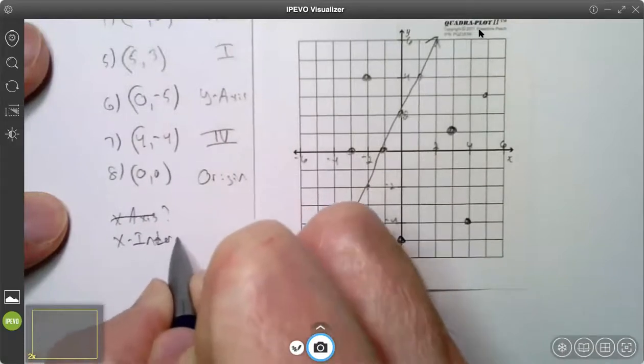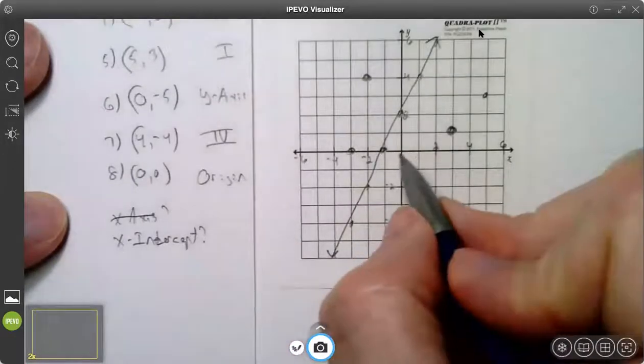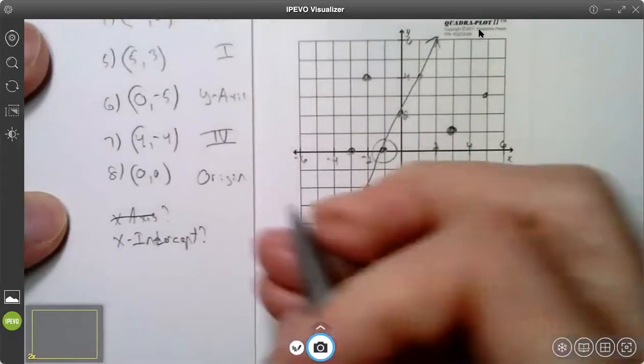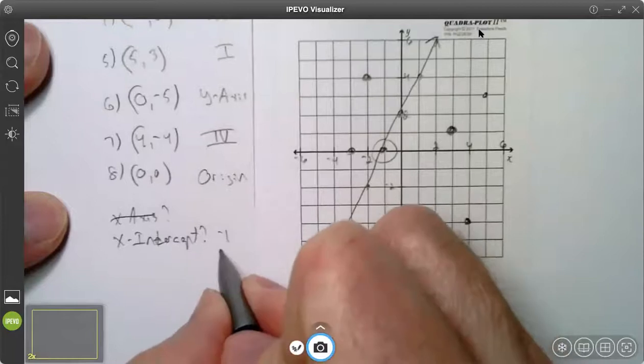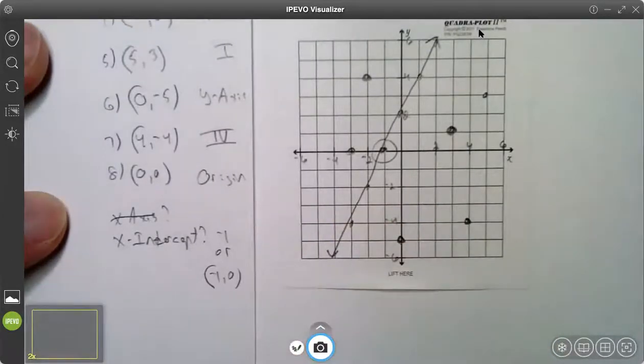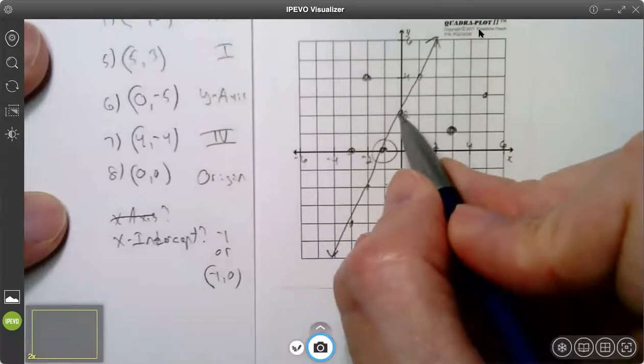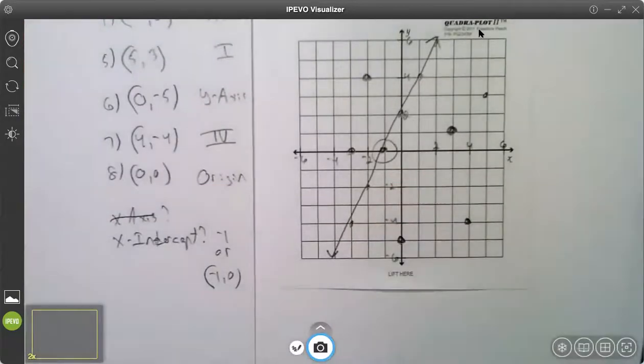Where is the x-intercept? The x-intercept is right here, -1, or -1, 0, it may be stated. And what is the y-intercept? The y-intercept is +2. That is your video on coordinates and intercepts.